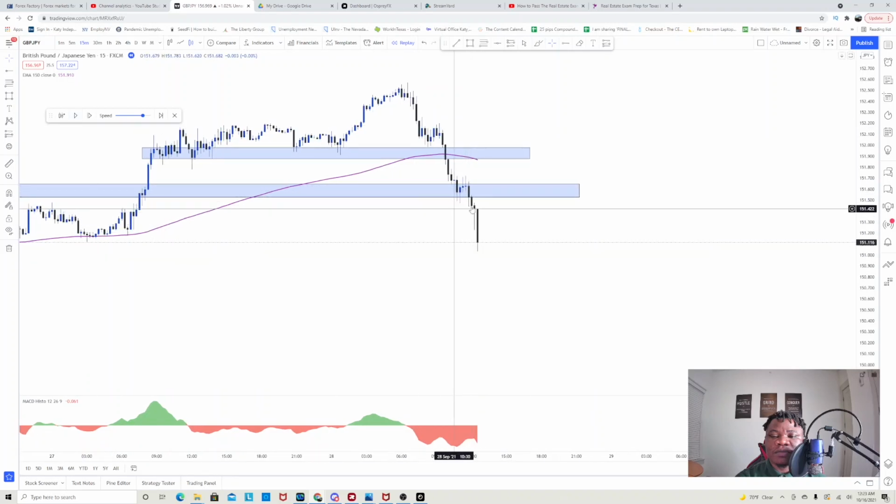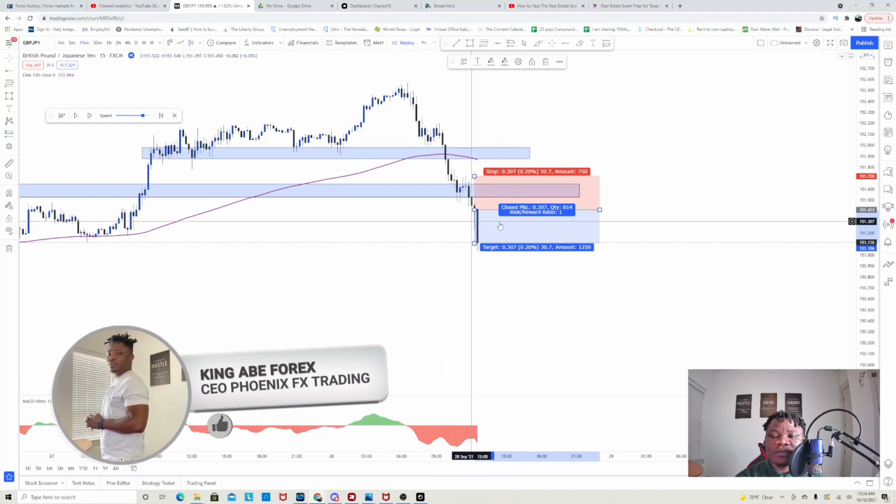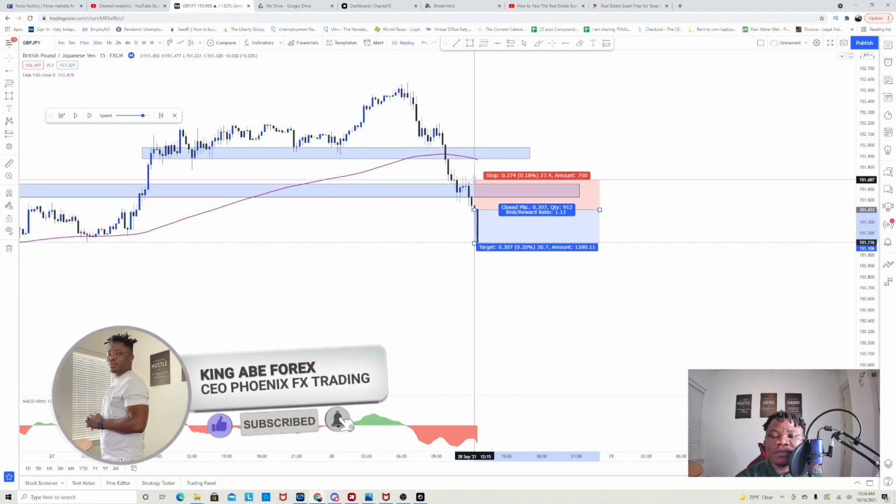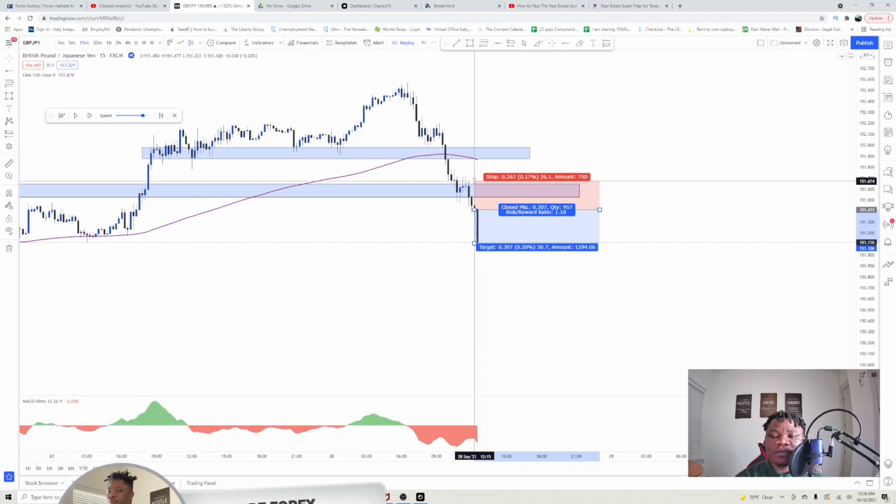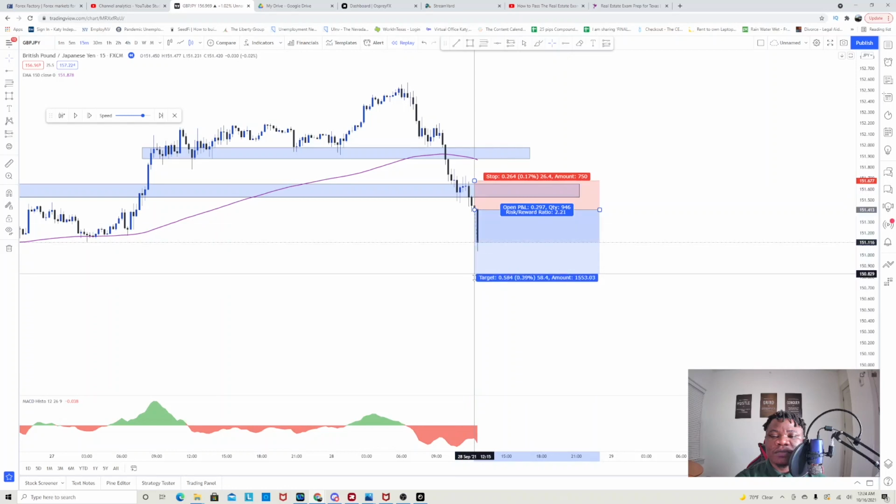Now, when we finally have the break and close below this support zone, we can have our entry right over here at this bearish candle, and we can have our stop loss right above our previous resistance zone turned support for 26 pips, and we can target our 50 pips take profit.